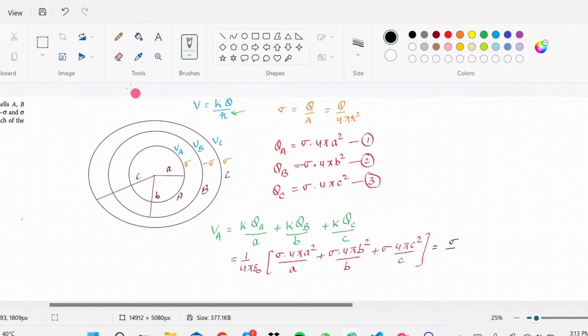It will give you sigma upon epsilon naught times A plus B plus C. I hope this is clear.